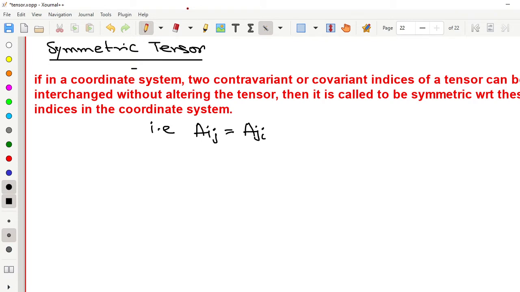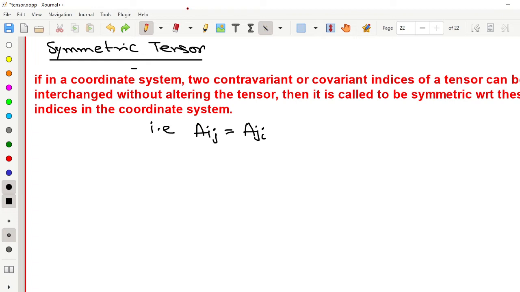If you alter the two indices, then also the tensor does not alter. So indices can be interchanged without altering the tensor. So alter না করে তুমি যদি একই থাকে, so you alter the indices but the tensor does not alter. So then I call it a symmetric tensor.